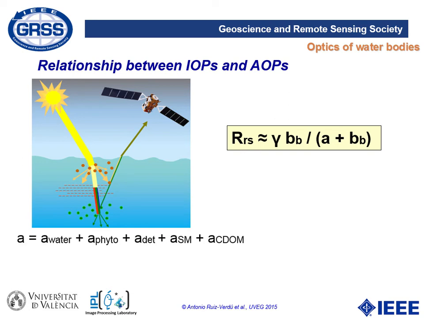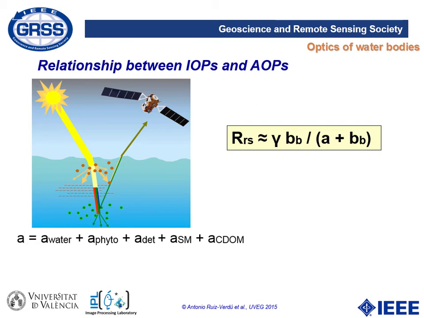And it's very important because the absorption and backscattering coefficients can be expressed as a linear composition, a sum of the contributions of the individual optically active constituents.